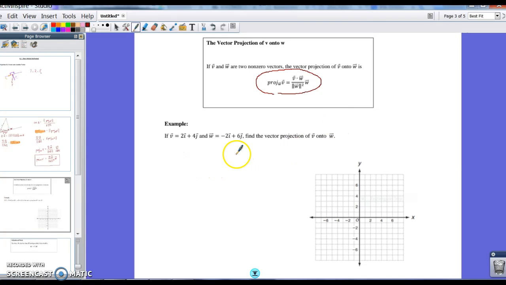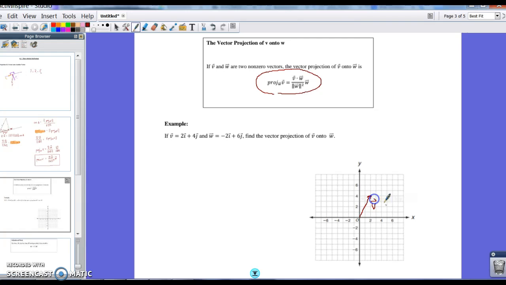So we've got vector V and vector W. Find the vector projection of V onto W. Let's go ahead and graph these vectors first. I've got 2i plus 4j. That puts me right there.